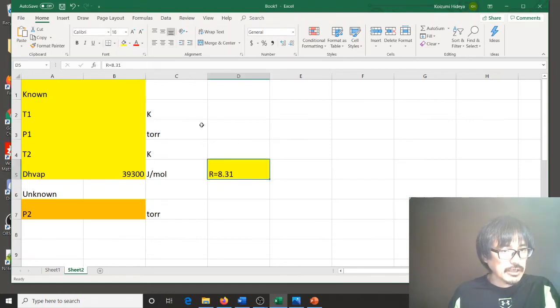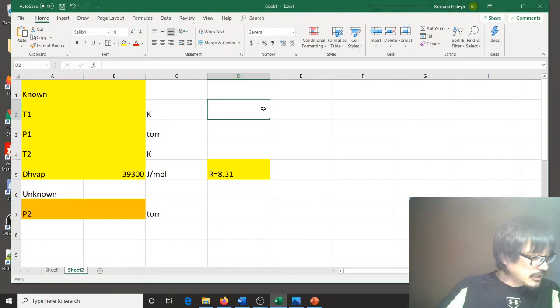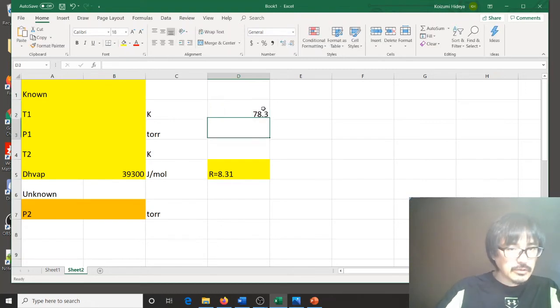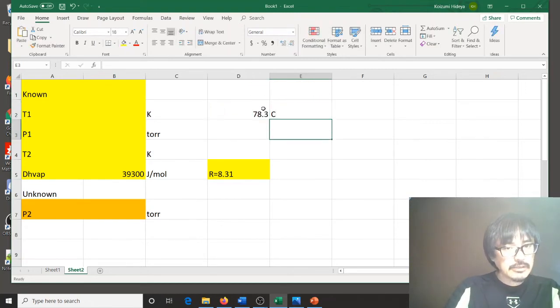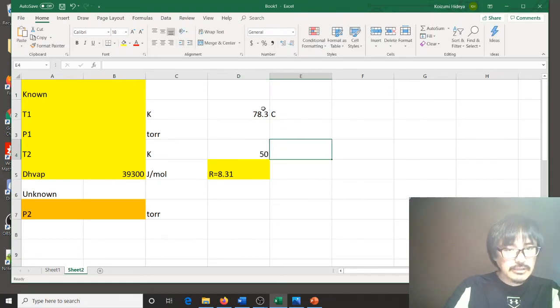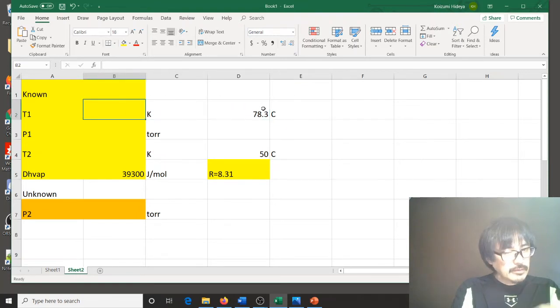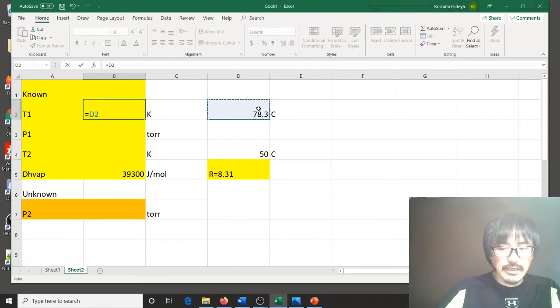So I'm going to put the yellow one here. And then the Kelvin, that's 78.3 degrees Celsius, and the other one is 50 degrees Celsius. To get to Kelvin, you have to add 273, right?